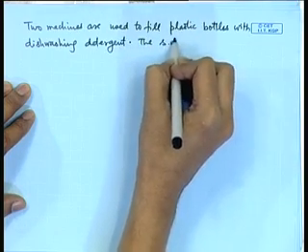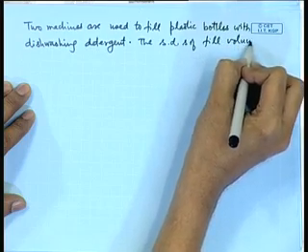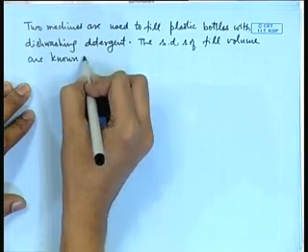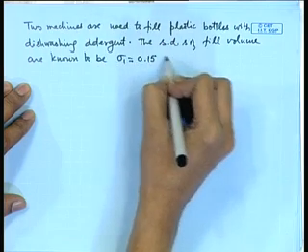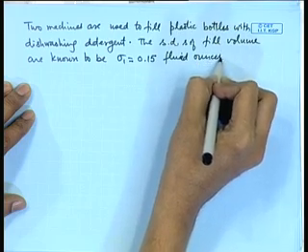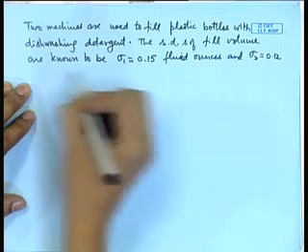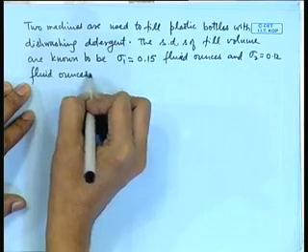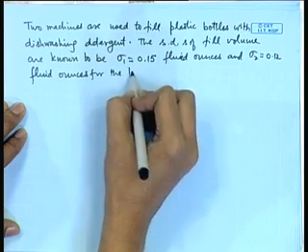The standard deviations of fill volume are known to be sigma 1 is equal to 0.15 fluid ounces and sigma 2 is equal to 0.12 fluid ounces for the two machines.